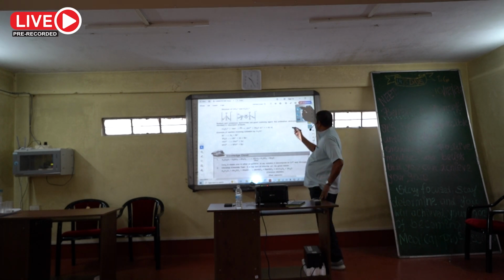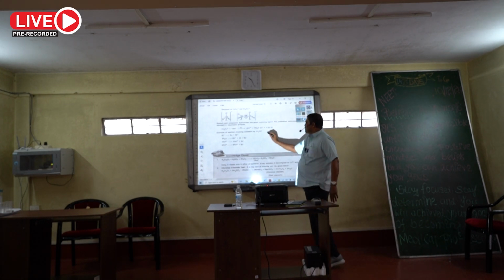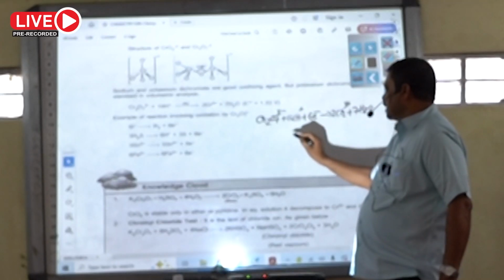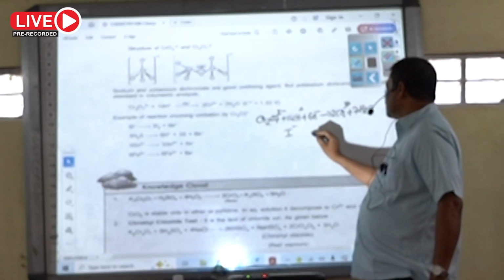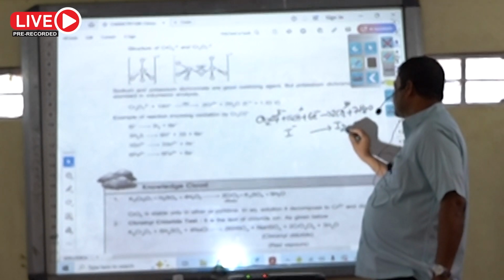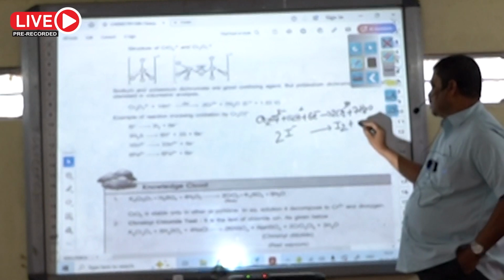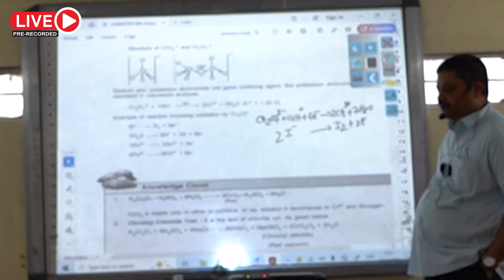So already one half reaction is there: Cr2O7 2-, 14H+, plus 6 electrons gives 2 Cr3+ plus 7H2O. Now the second one, I minus, gives I2. 2I- gives I2. To balance, you have to write 2 electrons this side.